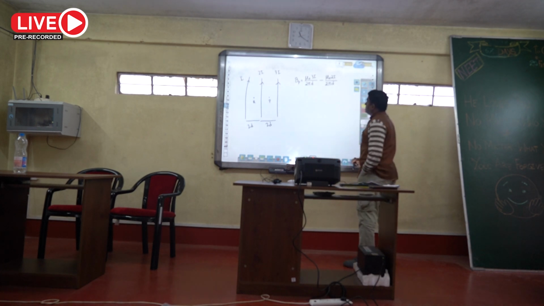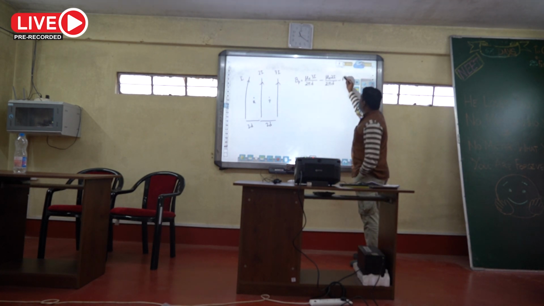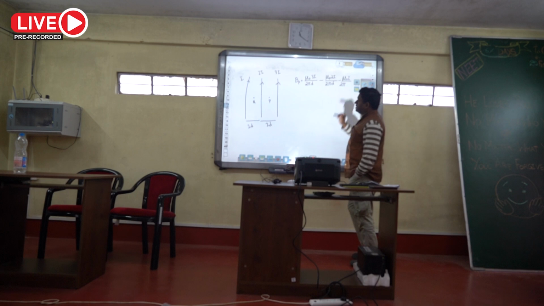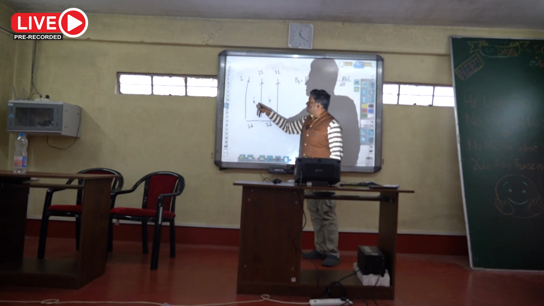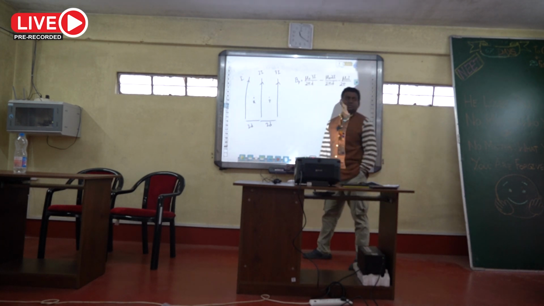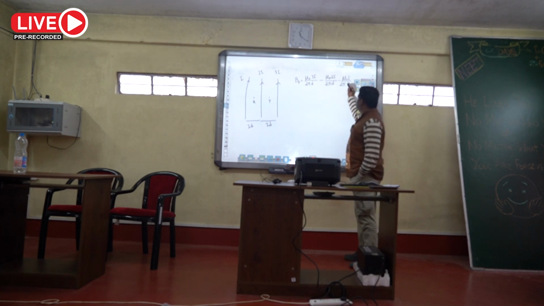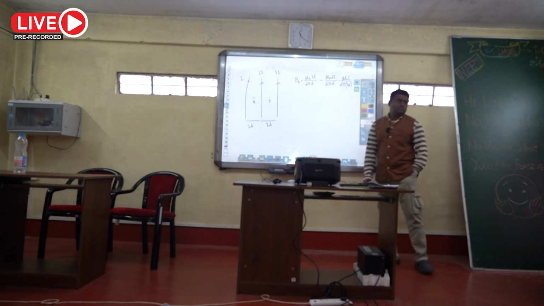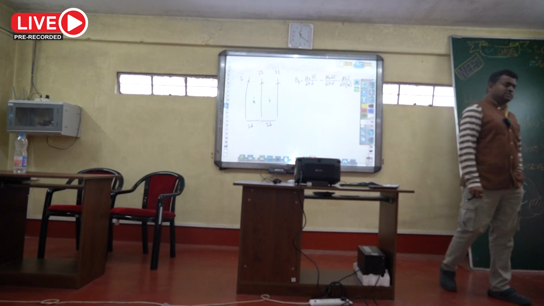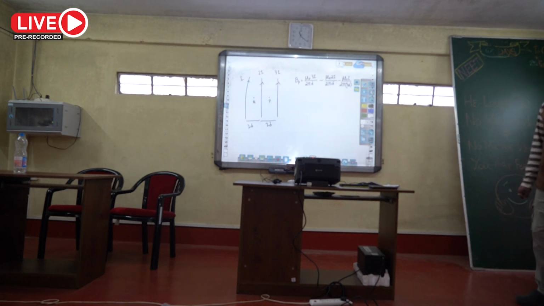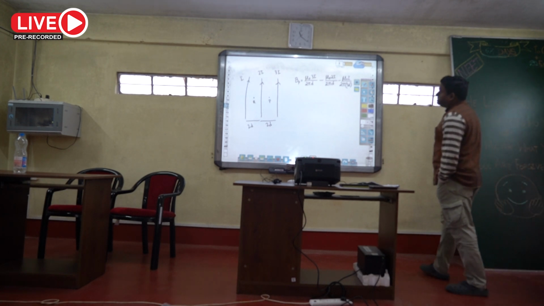Then for the last wire it is minus mu naught I divided by 2 pi. Now this distance is 2d plus d, that is 3d.